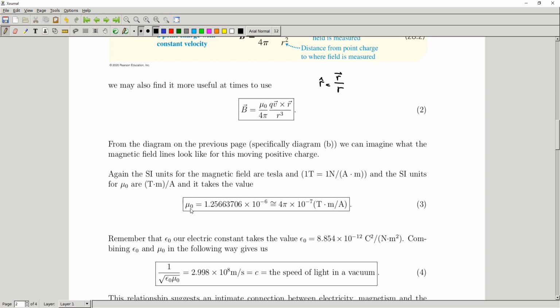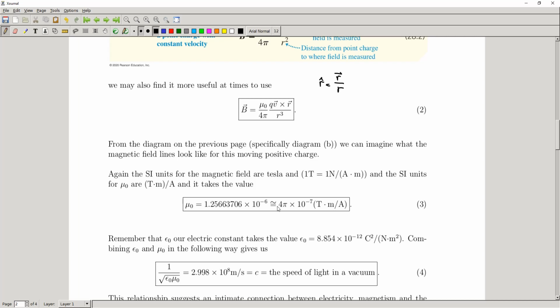Okay, and it takes on the numeric value that we see here. So mu naught is going to be equal to this value here. I think it's to like 8 sig figs or something, or 8 decimal places at least. So we're going to have 1.25663706 times 10 to the negative 6.